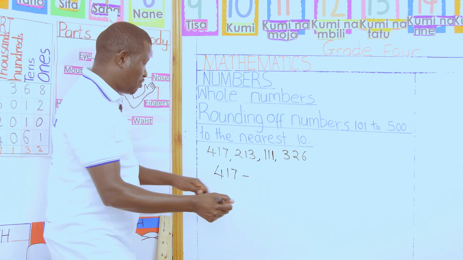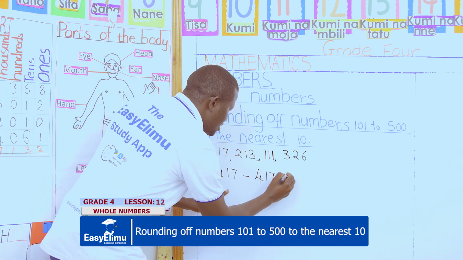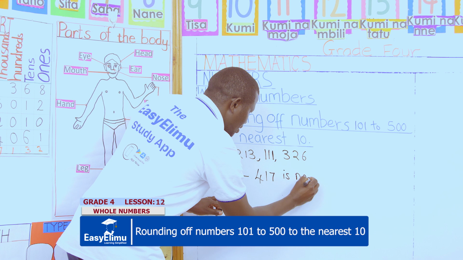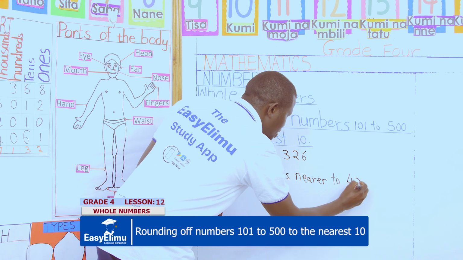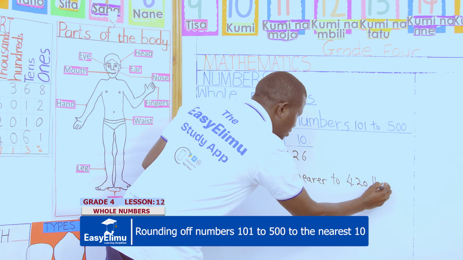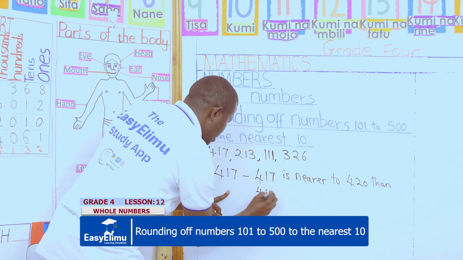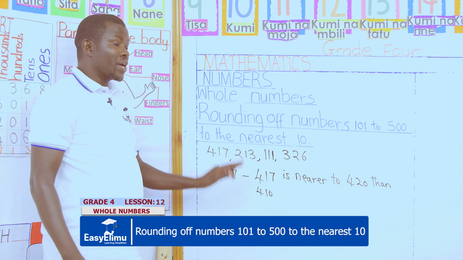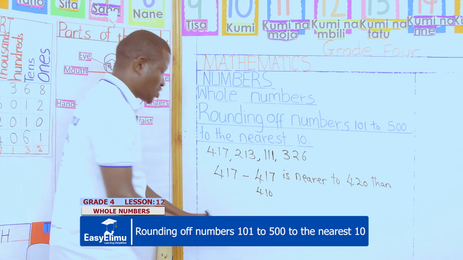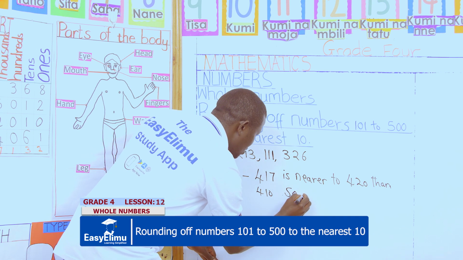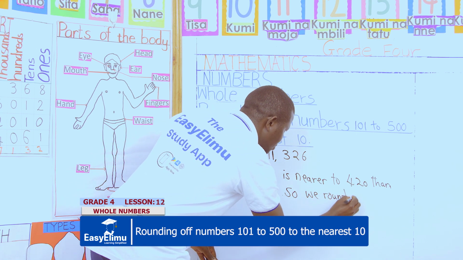So we say 417 is nearer to 420 than 410. So that means we round it off to 420.